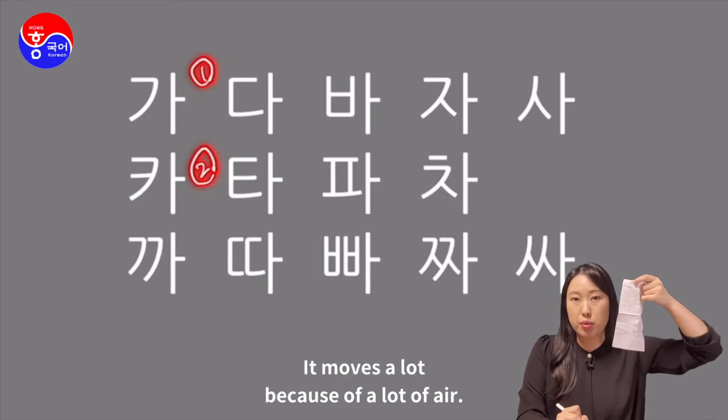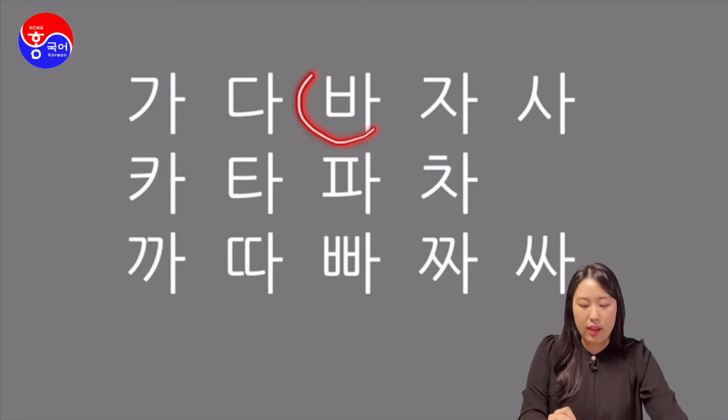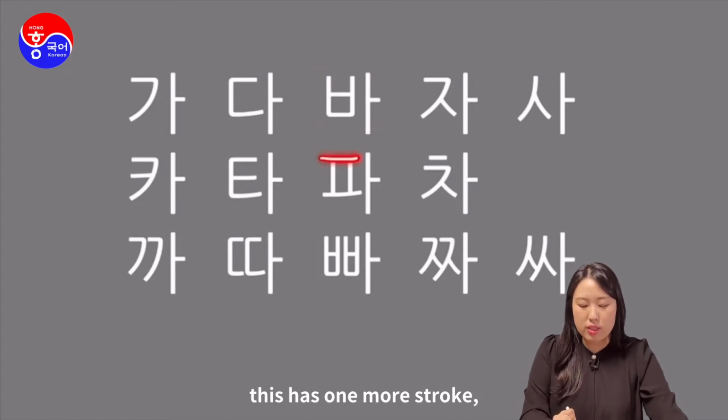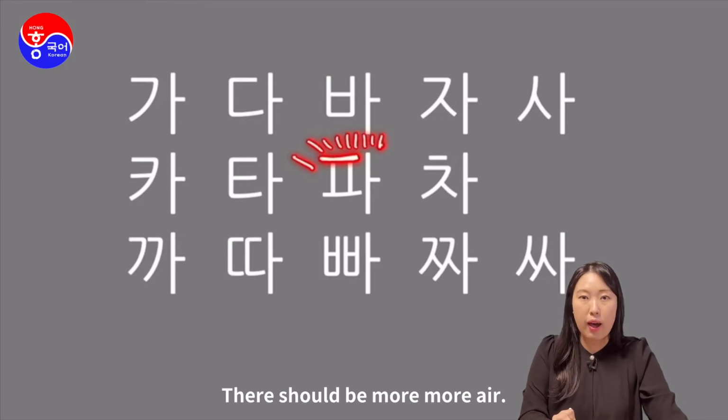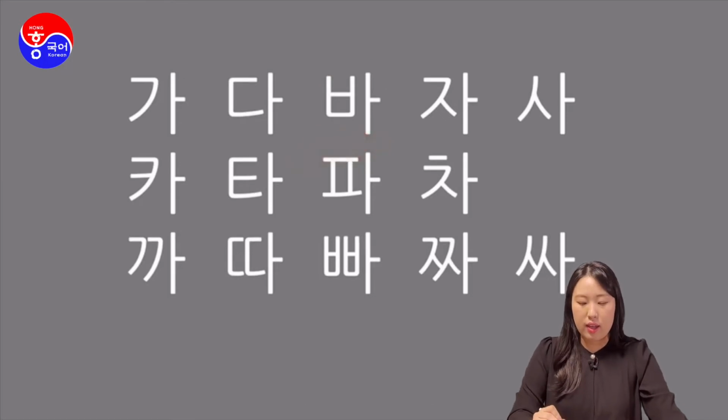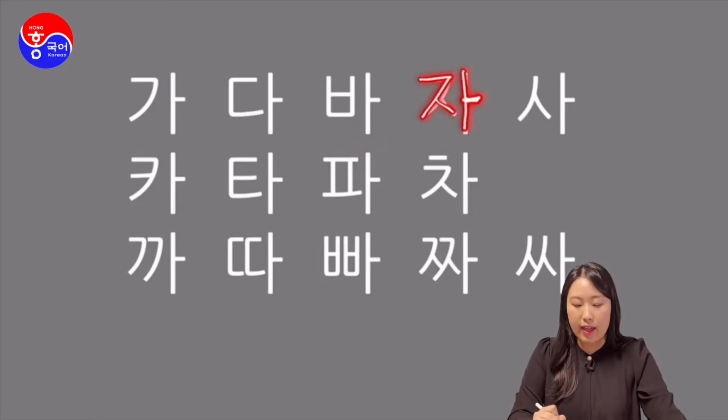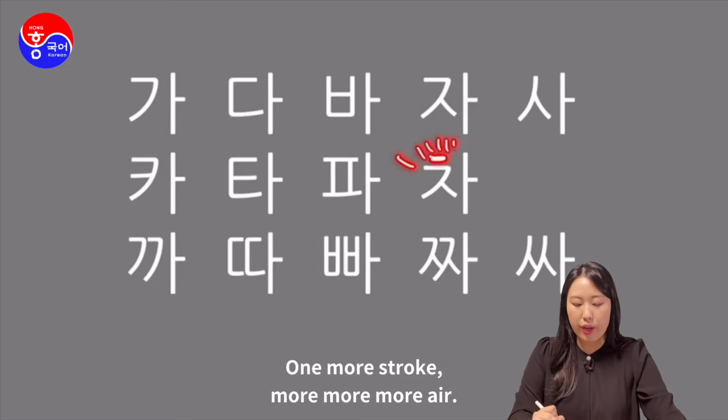It moves a lot because of a lot of air. And then pa. So this has one more stroke, so should be more air. And this is ta. Here one more stroke, more air.